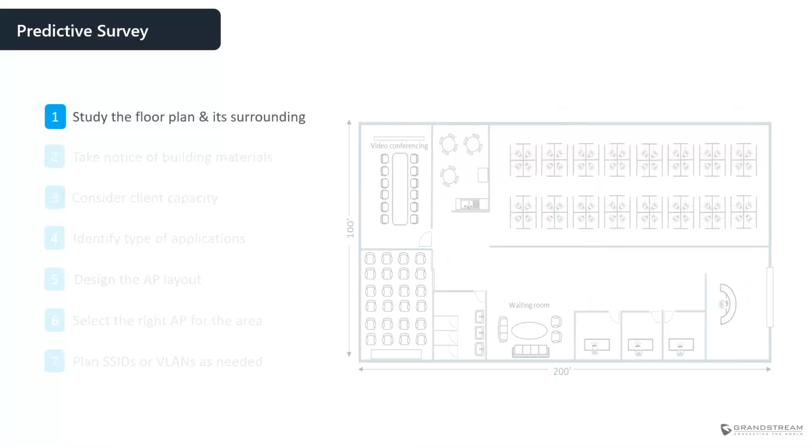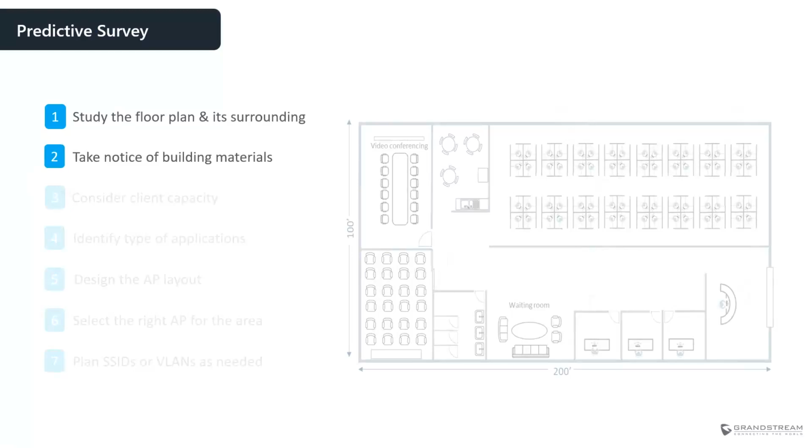Studying the floor plan or even a site visit can be used to gather useful information about the radio frequency conditions, such as nearby interference produced by neighboring wireless networks, also checking the facility boundaries to determine whether outdoor APs will be required, and confirm there is no radar activity close by, because this is important, especially if you plan to enable DFS channels on 5 gigahertz. So these are just a few examples of the things that you need to look for.